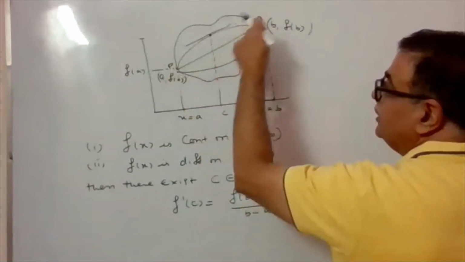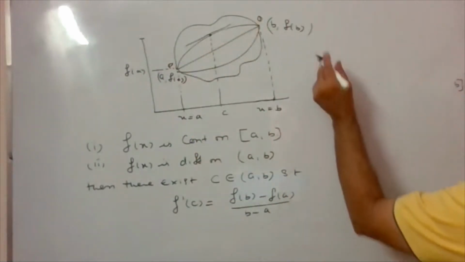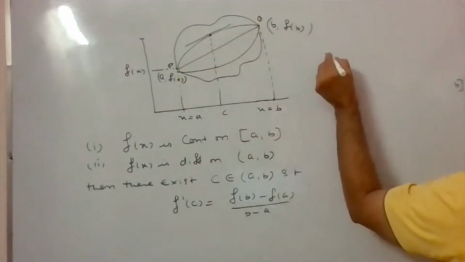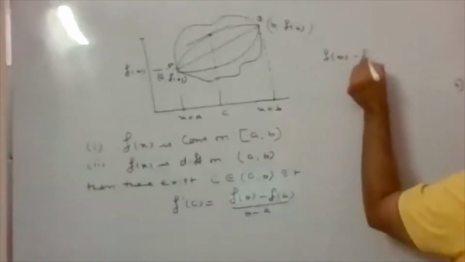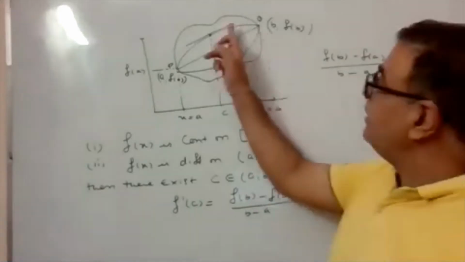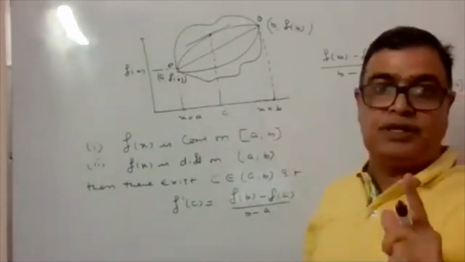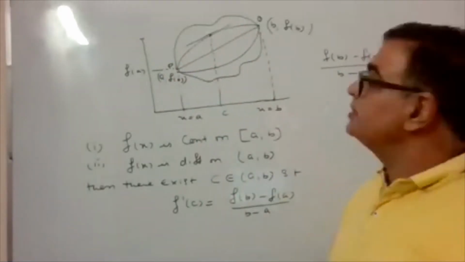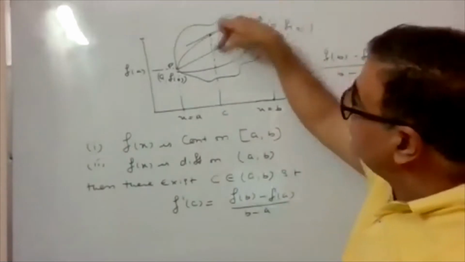This is the chord joining initial and final point. What is the slope of this line? y2 minus y1, that is (f(b) minus f(a)) by (b minus a). So on every curve there is one point where if you draw a tangent, that tangent will be parallel to the chord PQ.